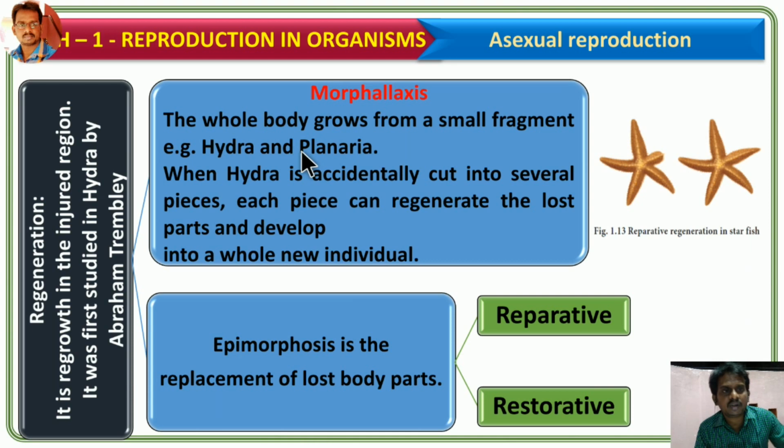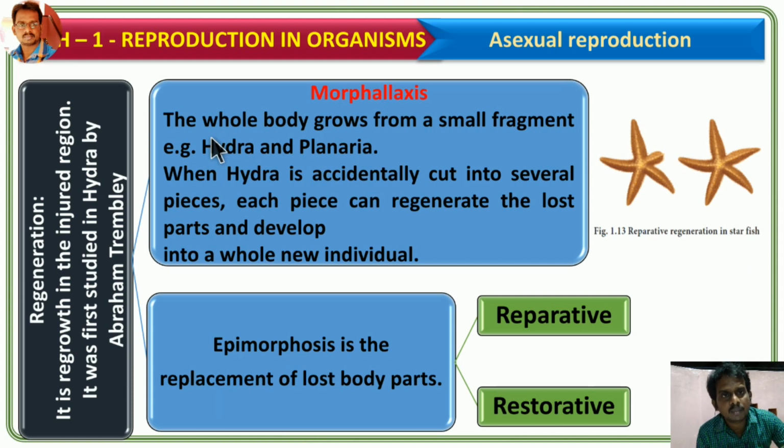What is meant by morphallaxis? Morphallaxis is nothing but the process of formation of a whole body from small fragments. A complete organism grows from a small fragment or small piece of the parent body.